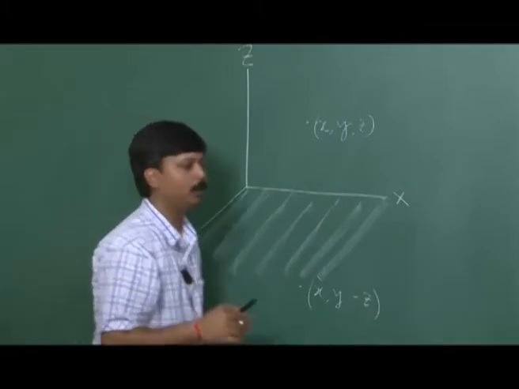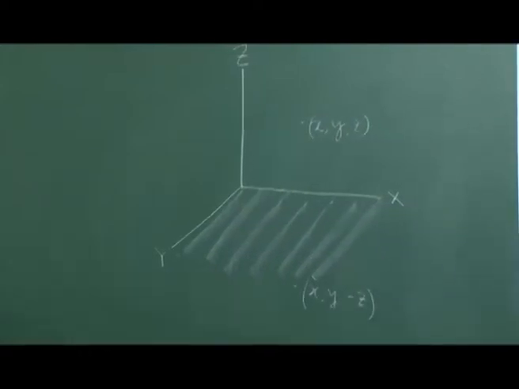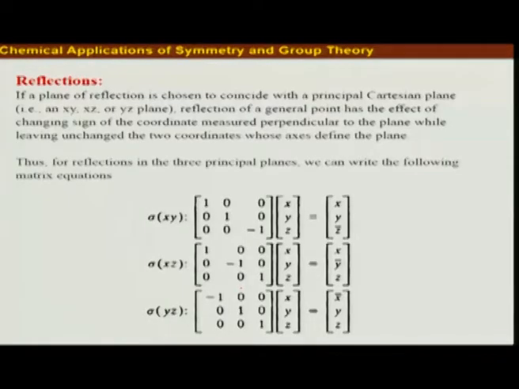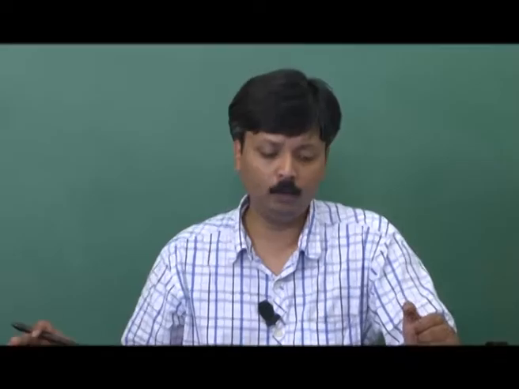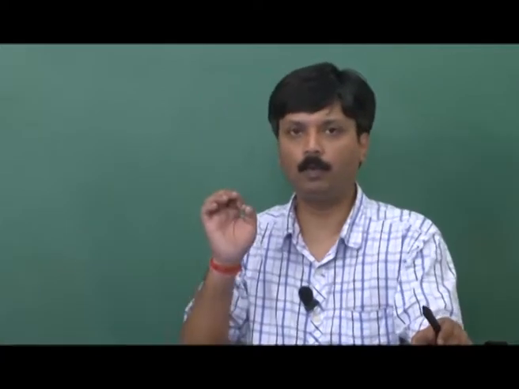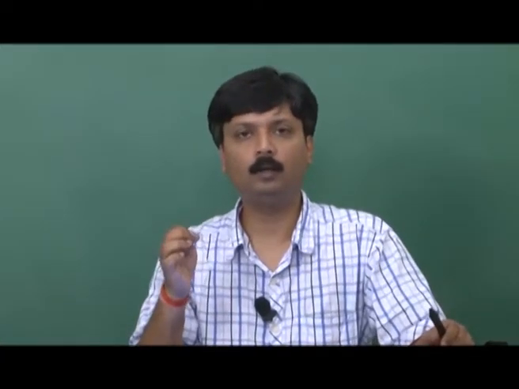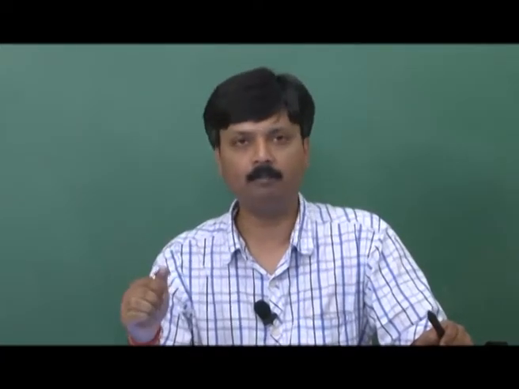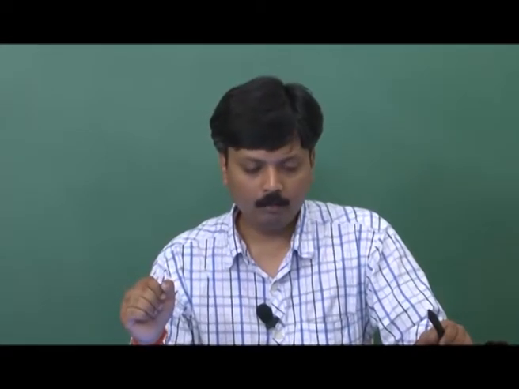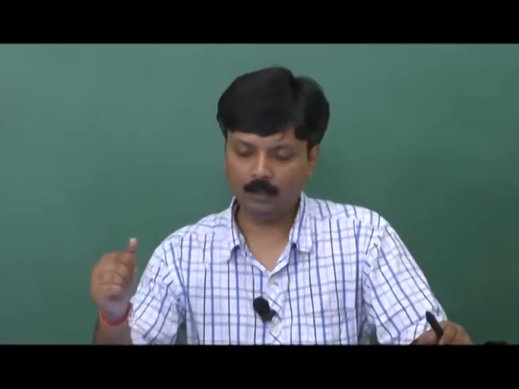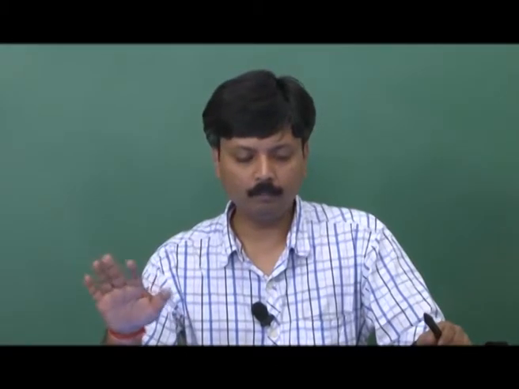So that's what we wanted to mean, and you can do this if you choose any other planes. So if you choose, say for example, xz or yz plane to be your symmetry reflection plane, you can find the same thing. So one of the coordinates will become negative essentially, okay. It will change the sign, but the other two will remain unchanged.